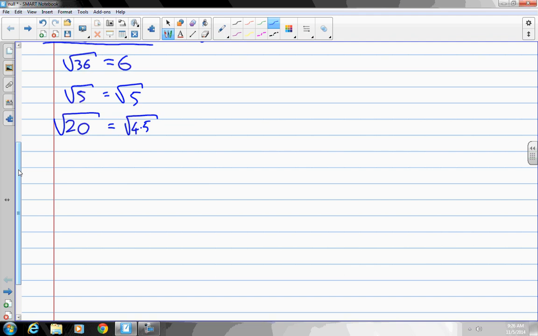So I can take the square root of 4. I don't have to write it, but really what is happening is the square root of 4 times the square root of 5. The square root of 4 is 2, and you're left with the square root of 5. So we can do that to mixed numbers like that. We can simplify them a little bit.